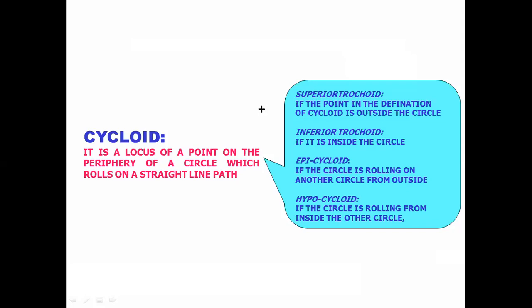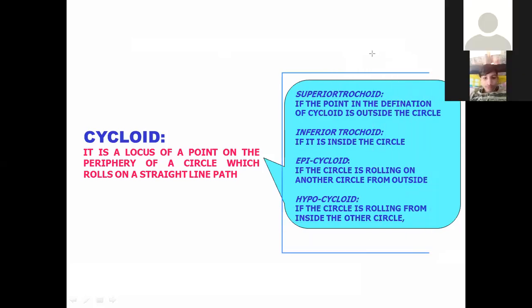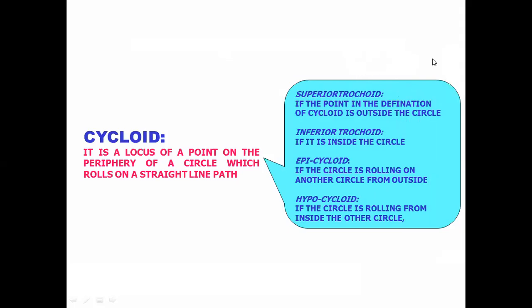The procedure will remain the same. But why am I giving you this definition? At times they may say draw a superior trochoid with this much offset. Say for example, draw a superior trochoid for this dimension with 10 mm offset.